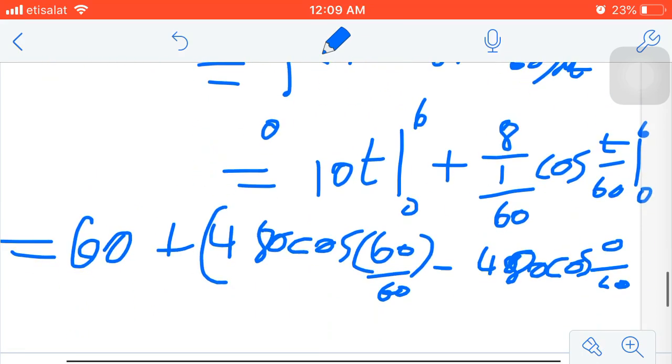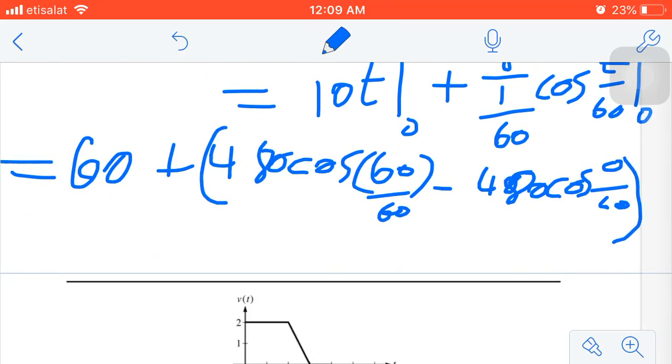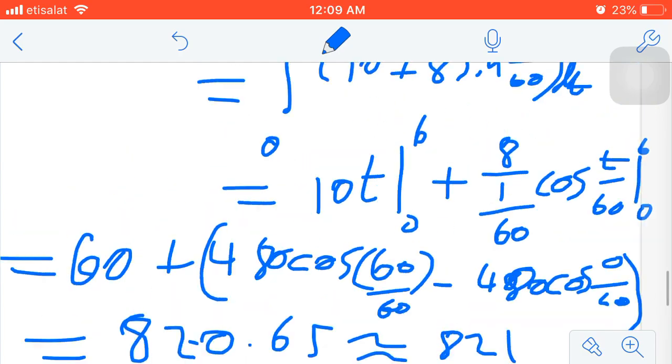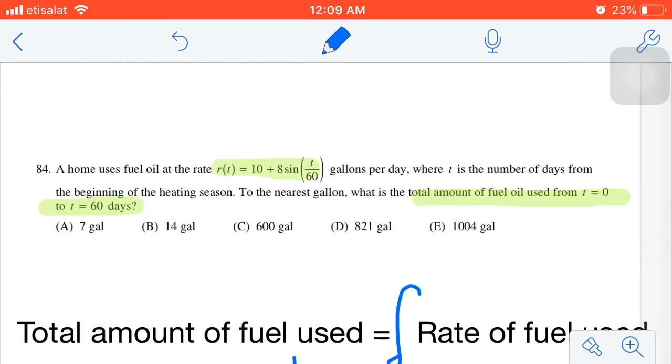And if we solve for that, we get the total answer is 820.65, which is approximately 821. And so here the answer is D.